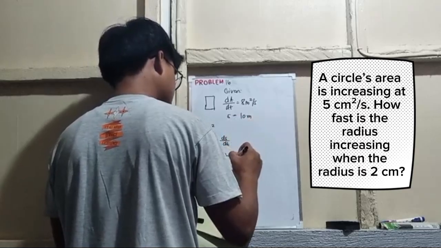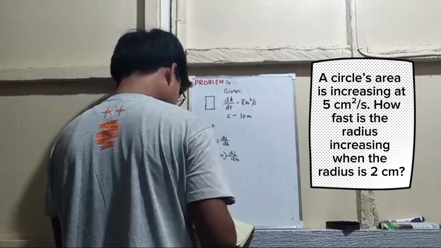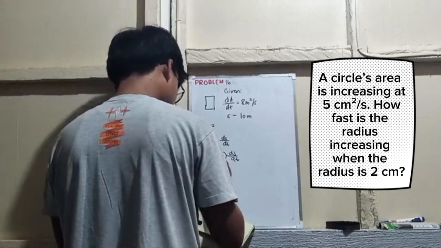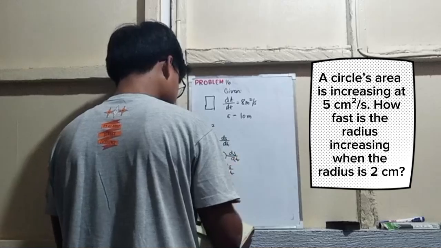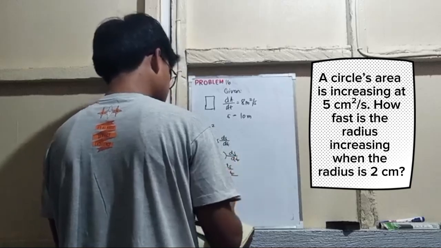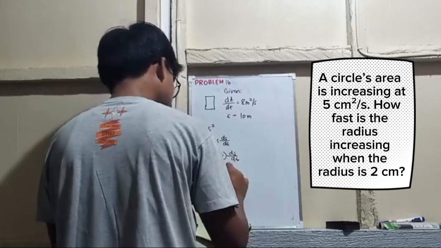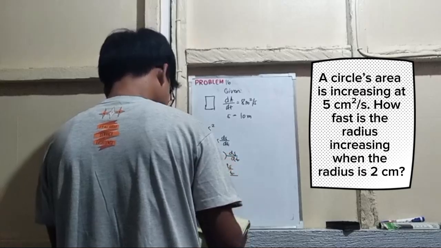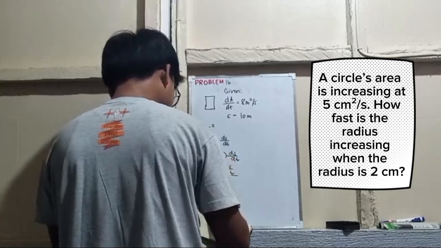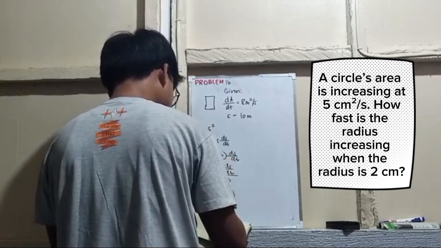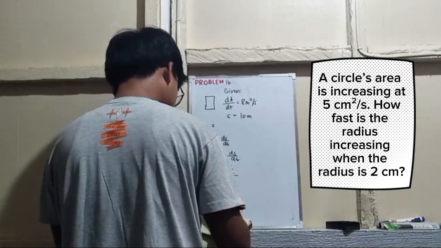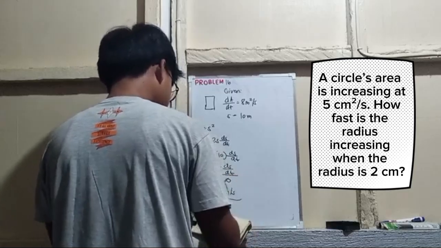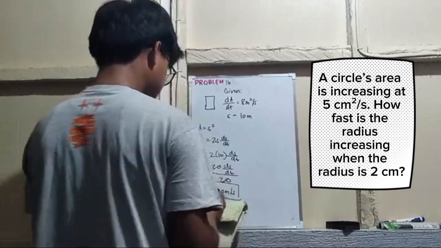Copy ds over dt and solve. 8 is equal to 20 ds over dt. Divide both sides by 20. Then we will get the value of ds over dt as 0.4 meter per second.